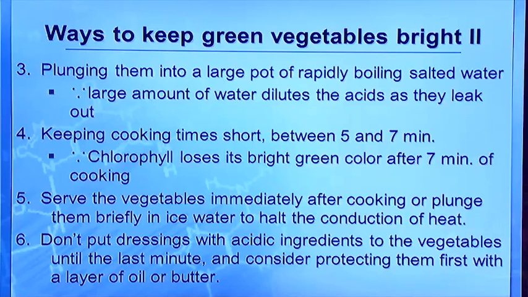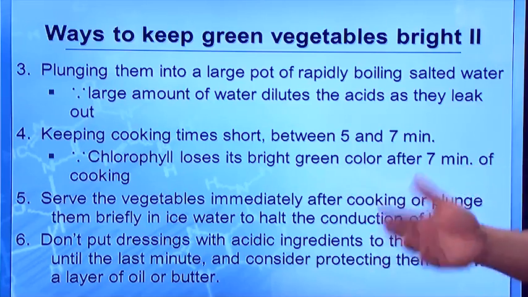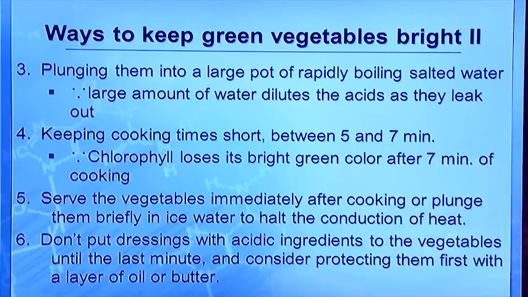Now, of course, we can also say that when you cook vegetables, don't leave them there for long. Whenever it's ready, serve them right away, or sometimes put them on ice so that you prevent the heating process from continuing while you're taking that dish to the table.